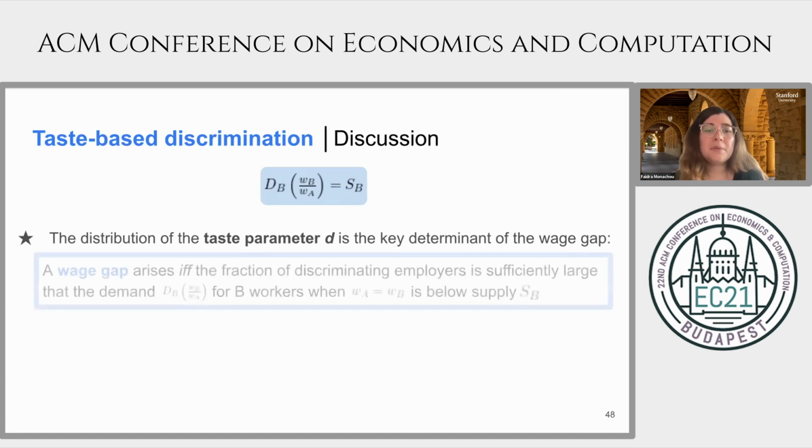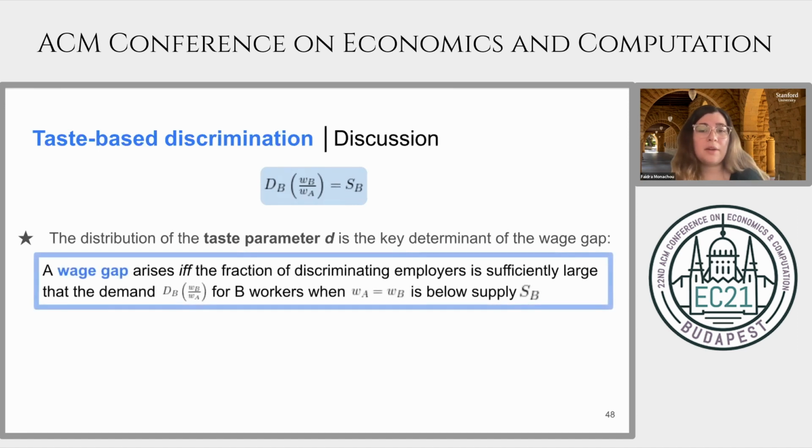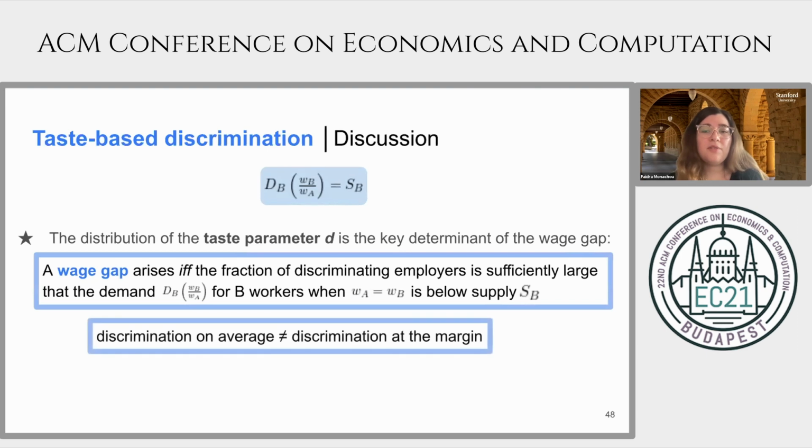So a wage gap specifically arises when the demand that non-discriminating employers have is not enough to cover supply, and at the same time give those B workers equal wages to A workers. And another important observation here, which I think is quite interesting, is that discrimination on average, which arises because there's usually a wage gap, is not the same as discrimination at the margin.